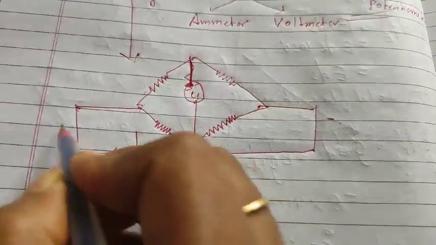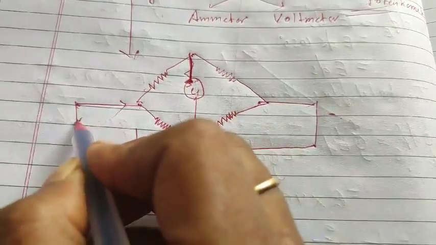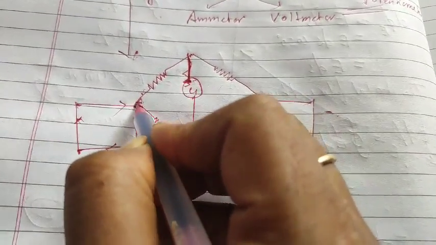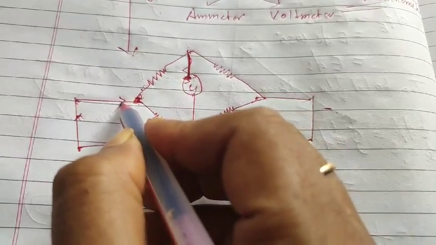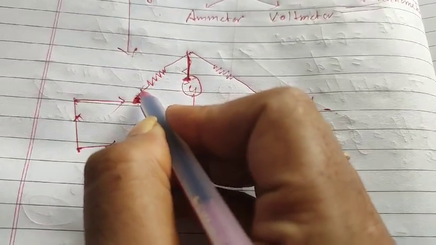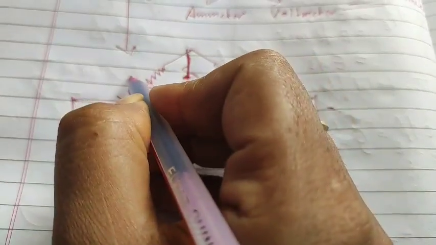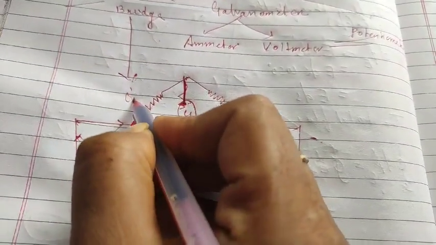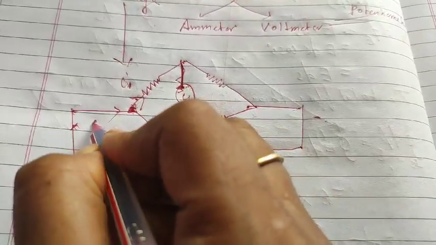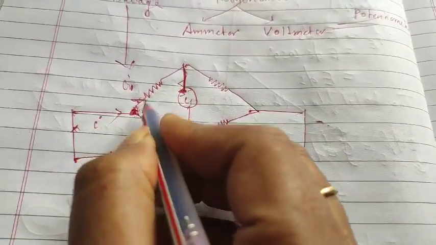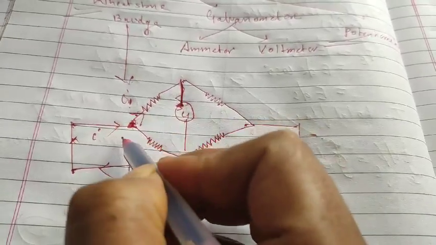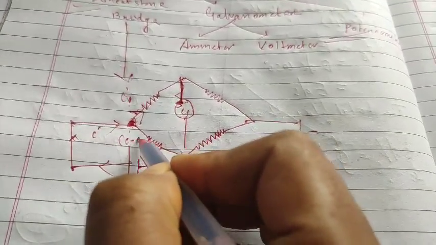Now this is the EMF of a battery or cell. You can put the current direction like this. One thing you will remember, this is one point. Once the current enters, it is divided into two parts. Suppose here the current direction is I1, and the main current is I. When I is entering, it is split into two forms: one is I1, another is I minus I1.